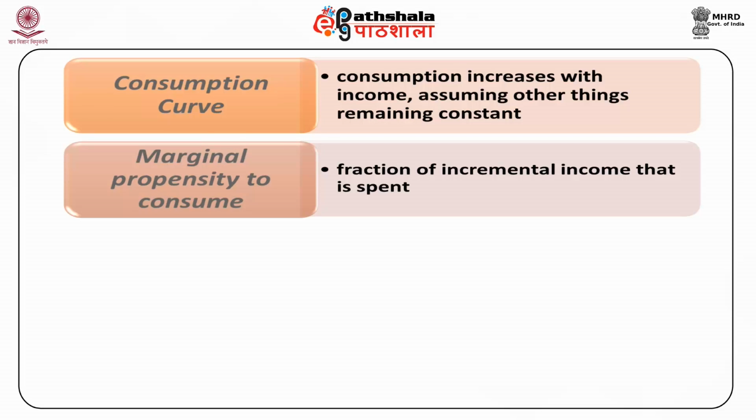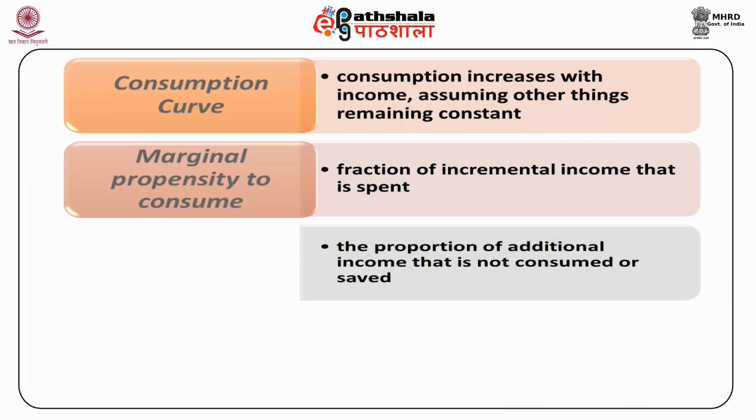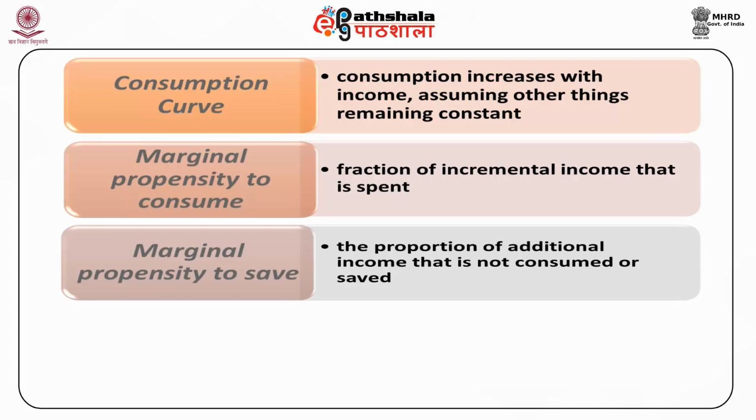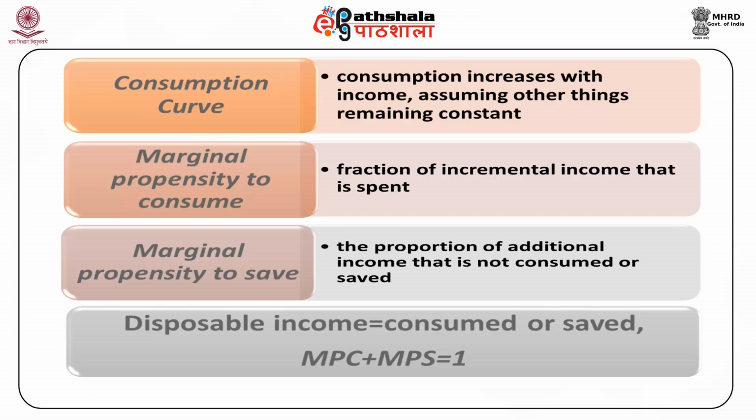APC and APS fall as income increases. The proportion of additional income that is not consumed or saved is referred to as marginal propensity to save, MPS. As the disposable income may be either consumed or saved, the marginal propensity to consume plus marginal propensity to save must be equal to 1.